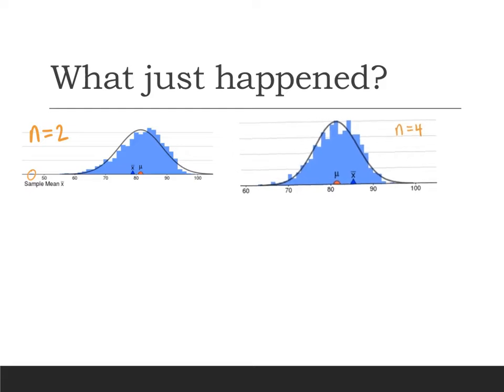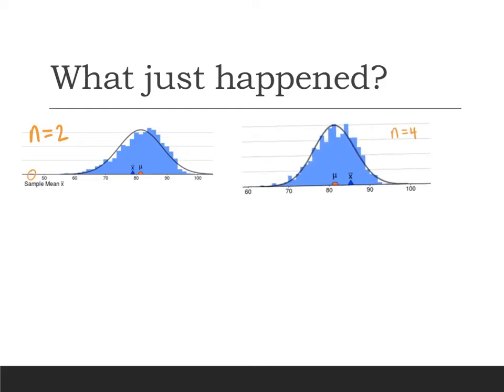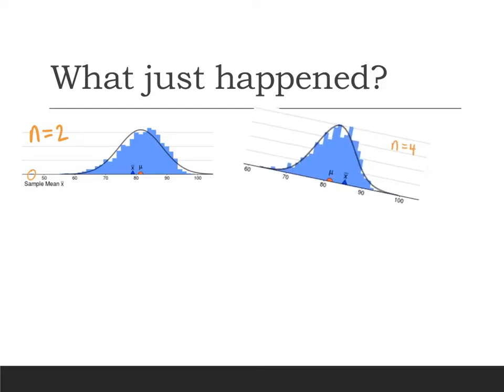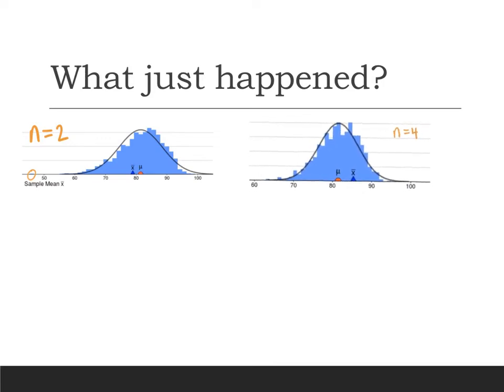This one looked a little more bell-shaped, but of course we can see that there's still some extra data coming along more to the left side than the right. And remember, our parent distribution, the parent population, was very left skewed. So we're seeing n equals 2, here was n equals 4.